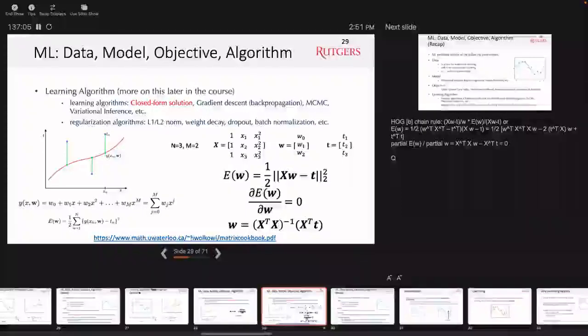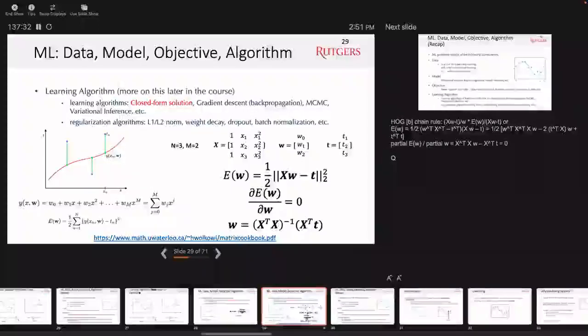So the first term, let me write it down here. We're going to take the gradient of the error with respect to W, right? And the first term is the gradient of this one with respect to W. And the first term is this one times W. Okay, so this is the first term. The second term is the same. This is a linear term.